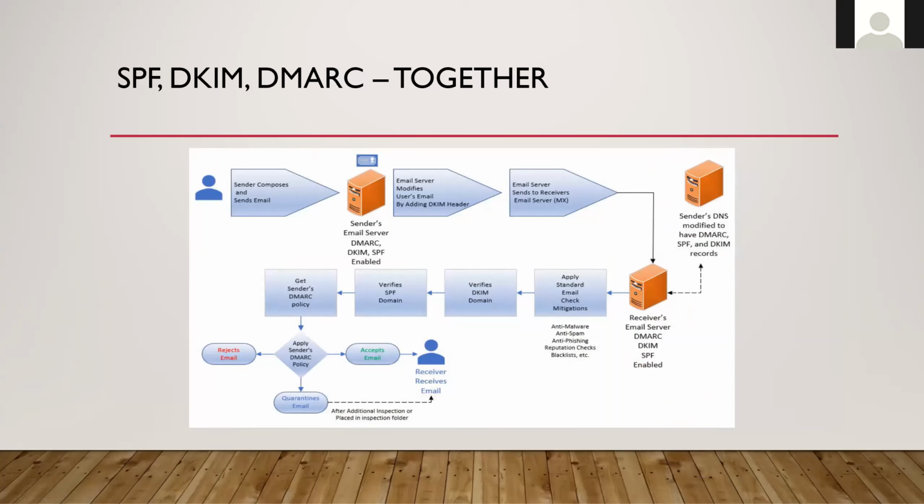They're going to validate the SPF. So is the sending server authorized? Then they're going to check your DMARC policy, and depending on what's set there, take an action. Could be accept it, could be reject it, could be quarantine it. Then depending on that, the recipient gets the message.